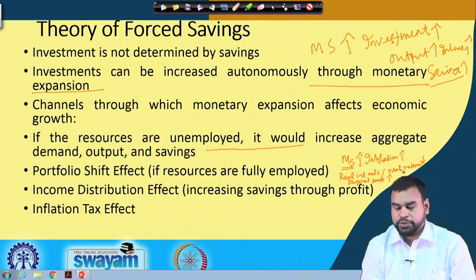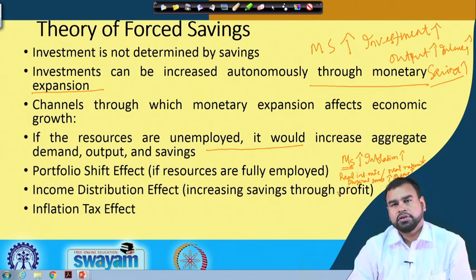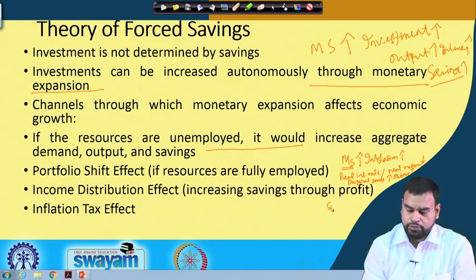Then consumption will increase, and the producer will produce more. If the output increases, it will have an impact upon the growth process, and finally your savings get affected.